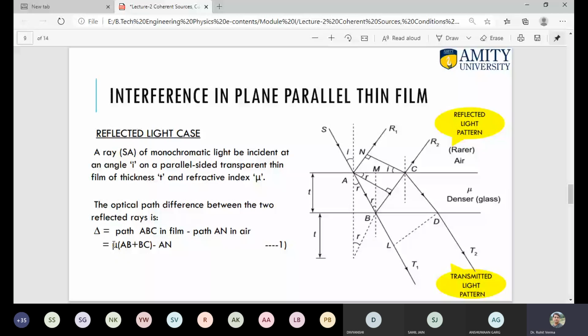So it will be mu times AB plus BC, minus this path AN in the air. Okay, so the path difference is AB plus BC in the film minus AN in the air.